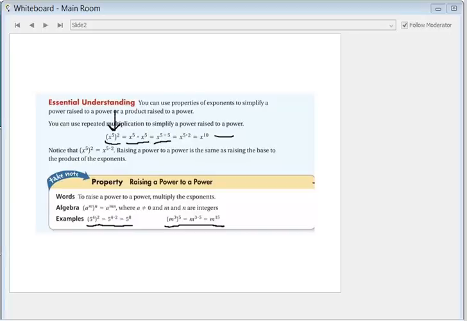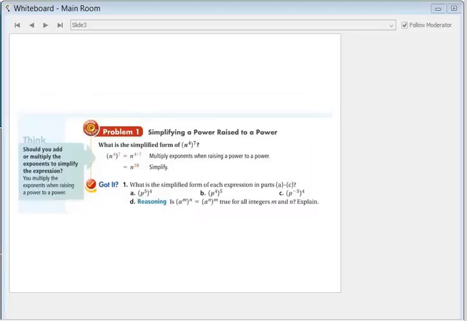We're simply going to multiply those. Remember, feel free to pause and take screenshots for your notes. In this example, we'd have n to the 4th raised to the 7th power. We multiply and get n to the 28th.